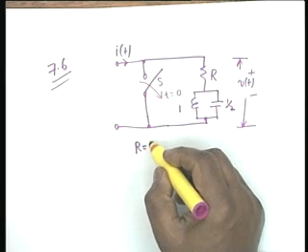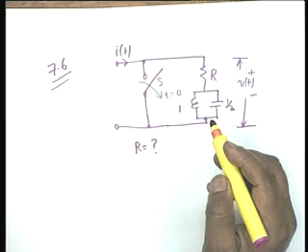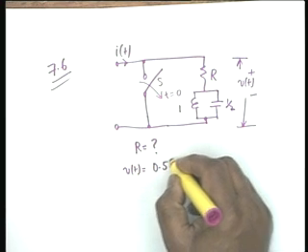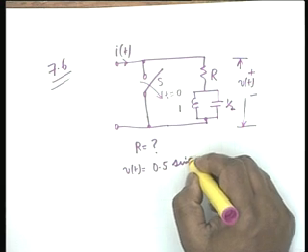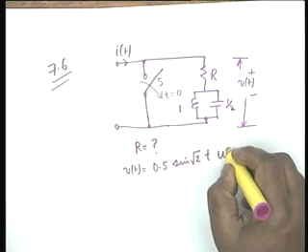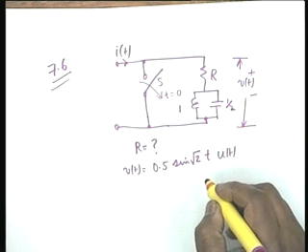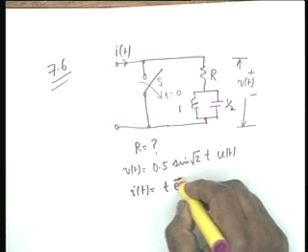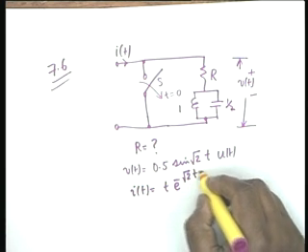You are required to find out R such that the response is V of t equal to 0.5 sine of root 2 t u(t), if the excitation is t e to the minus root 2 t u(t).